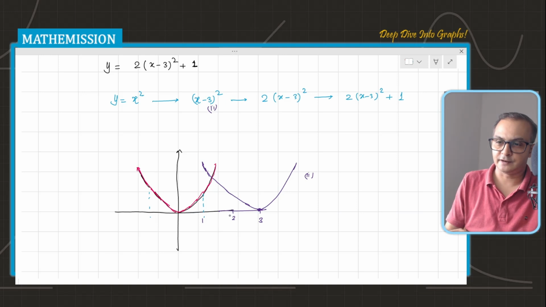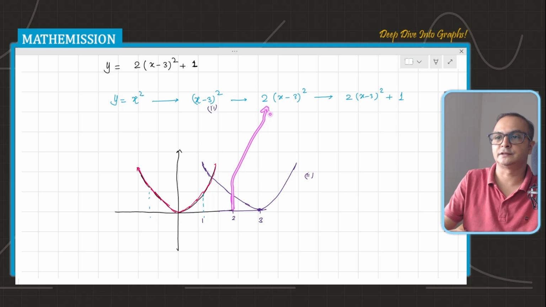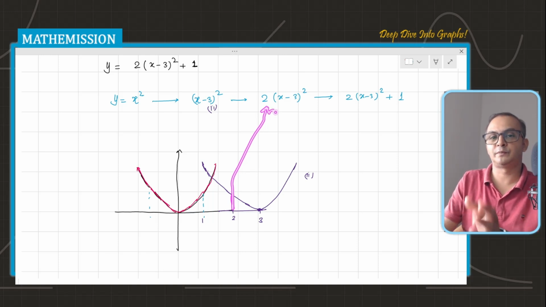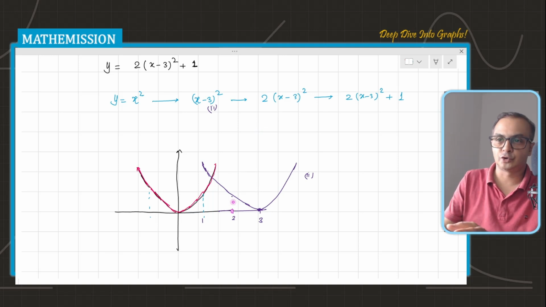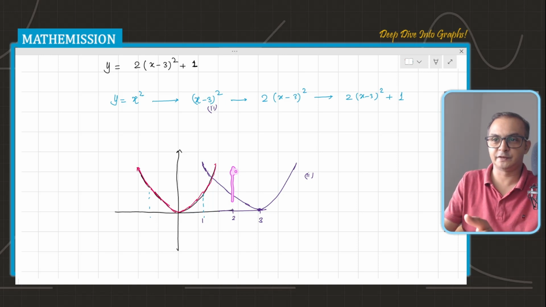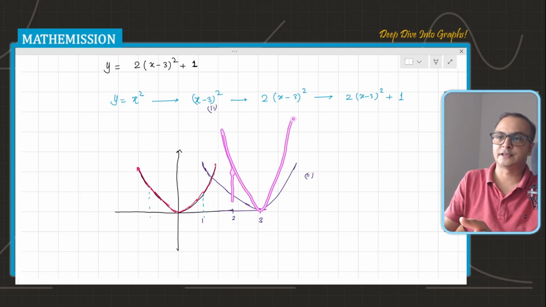We have to understand that if I have at 2, previously the height was this one, but when we are multiplying this 2 from outside, at 2 it will be twofold of the previous value. It means the graph will be higher than the previous value. Therefore the graph should look like this, and you can see that it is a vertical stretch twofold.